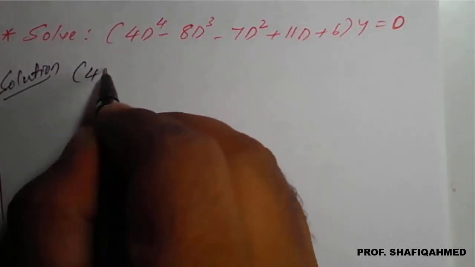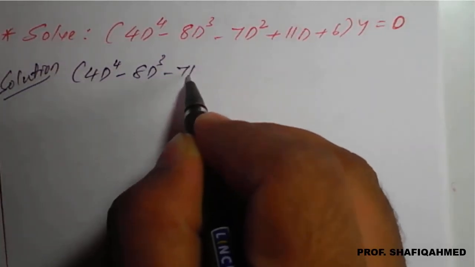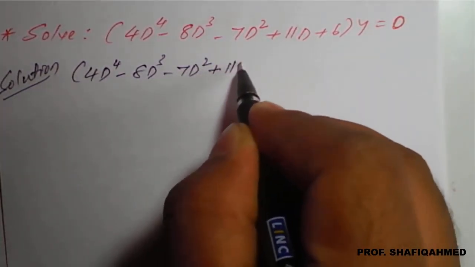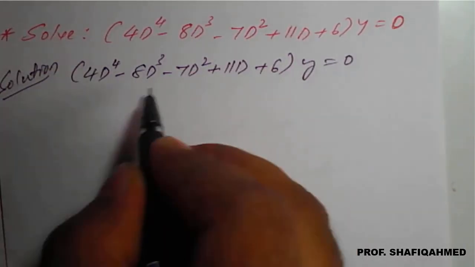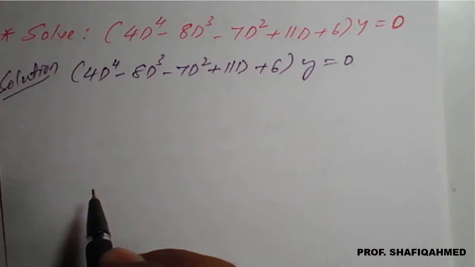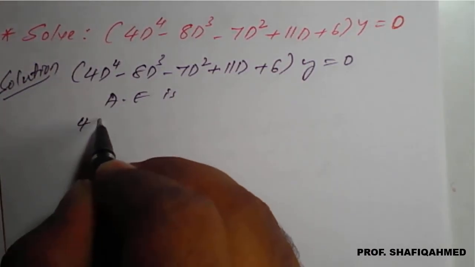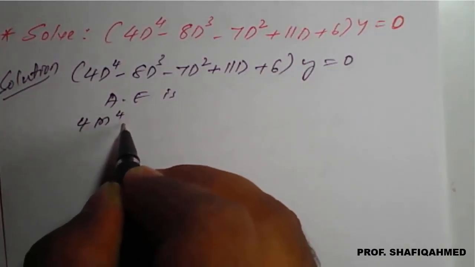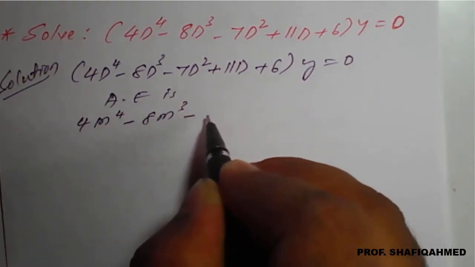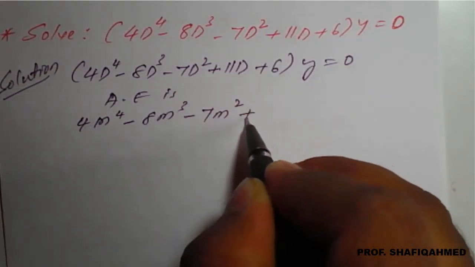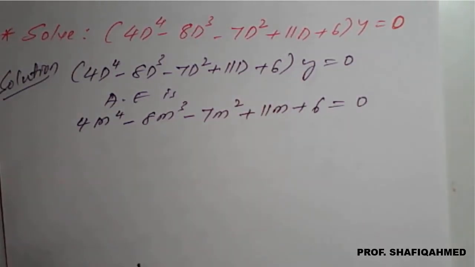The above equation is (4D^4 - 8D^3 - 7D^2 + 11D + 6) y = 0. This equation is already in standard form. Therefore the auxiliary equation is 4m^4 - 8m^3 - 7m^2 + 11m + 6 = 0.